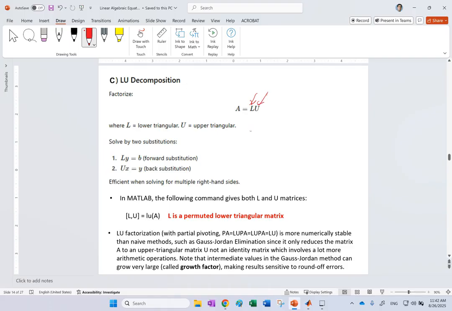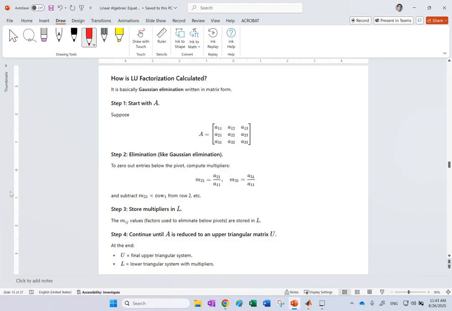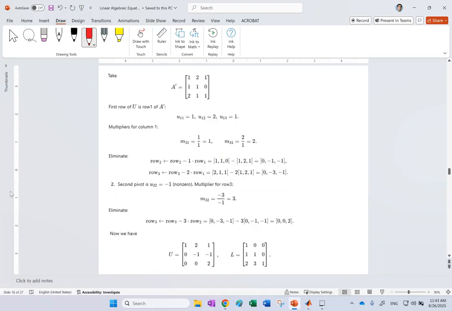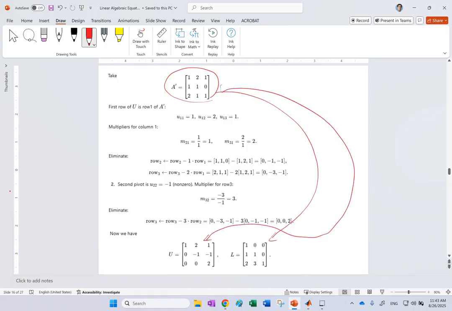And for the lower one, you typically do it in a way that the diagonal elements are 1. So if this is your original A matrix, you break it down into the product of these two matrices: L times U, where L is this lower triangular matrix with all ones on the diagonal, and U is this upper triangular matrix.